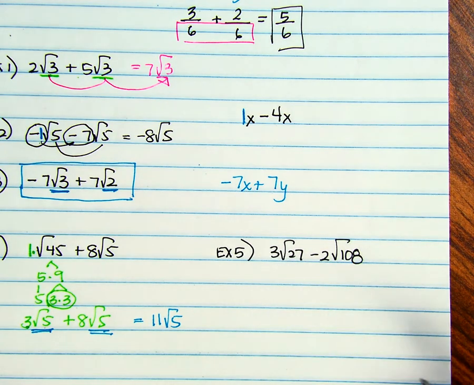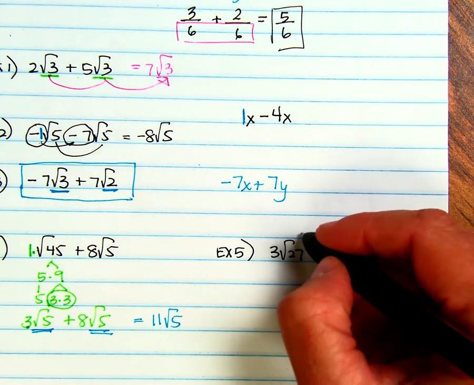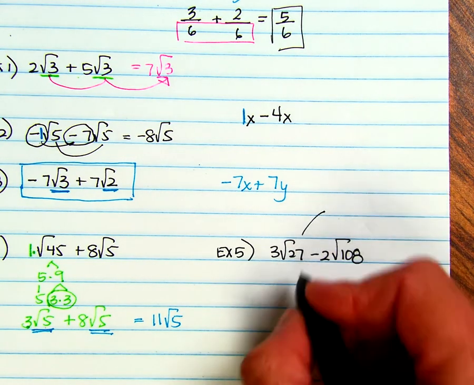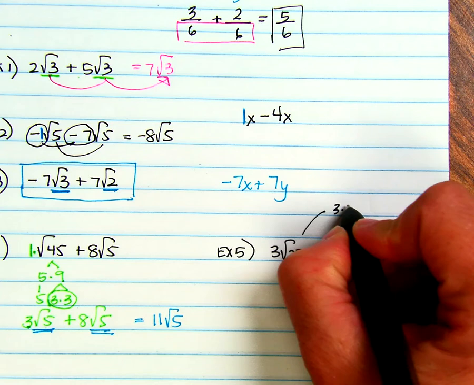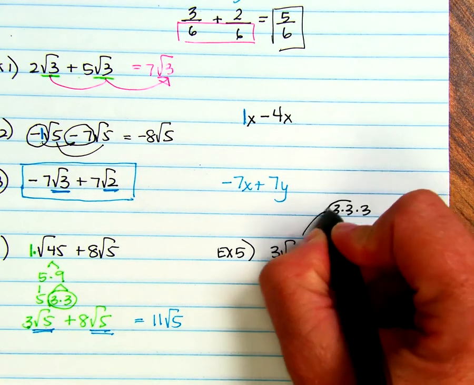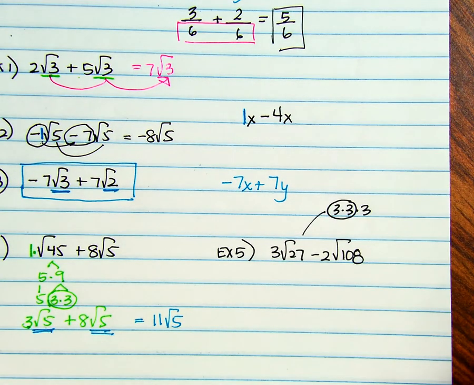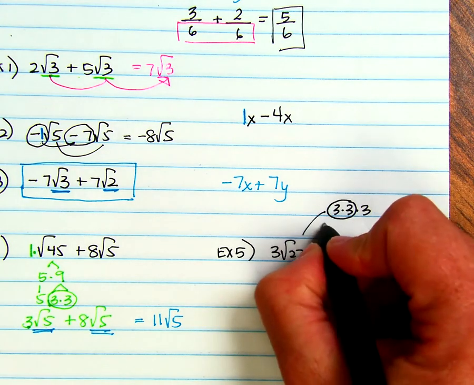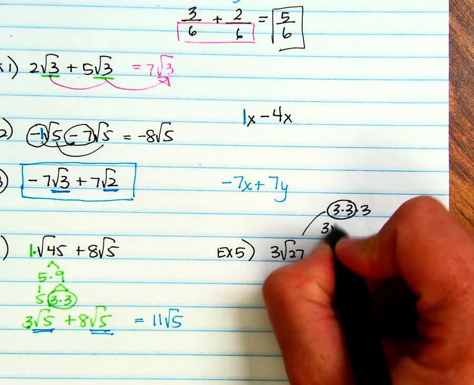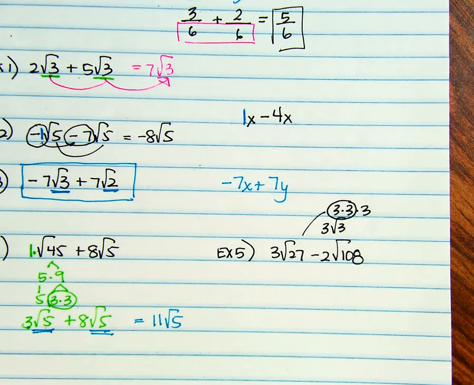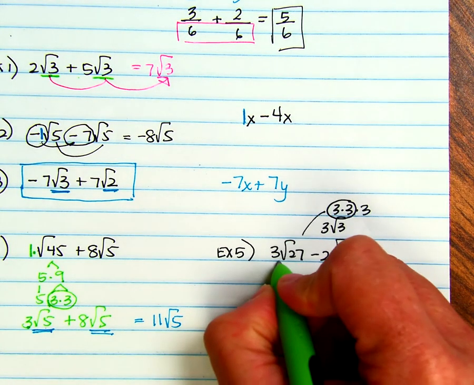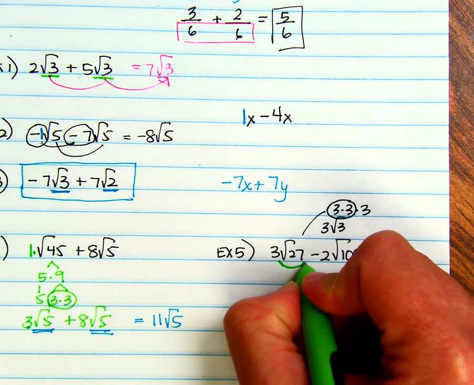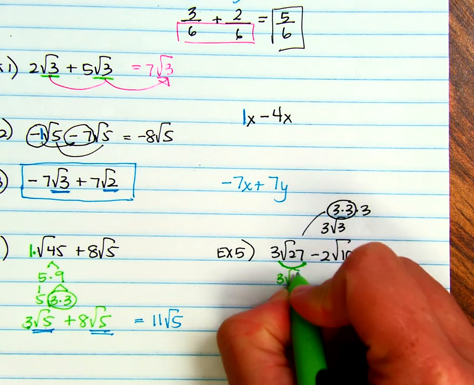You can just take that work from the previous problem. So the square root of 27 is 3 times 3 times 3. So there's my pair. And so that means I take 1 out, and the garbage left is the square root of 3. So this is where, be careful, the square root of 27 is 3 radical 3.